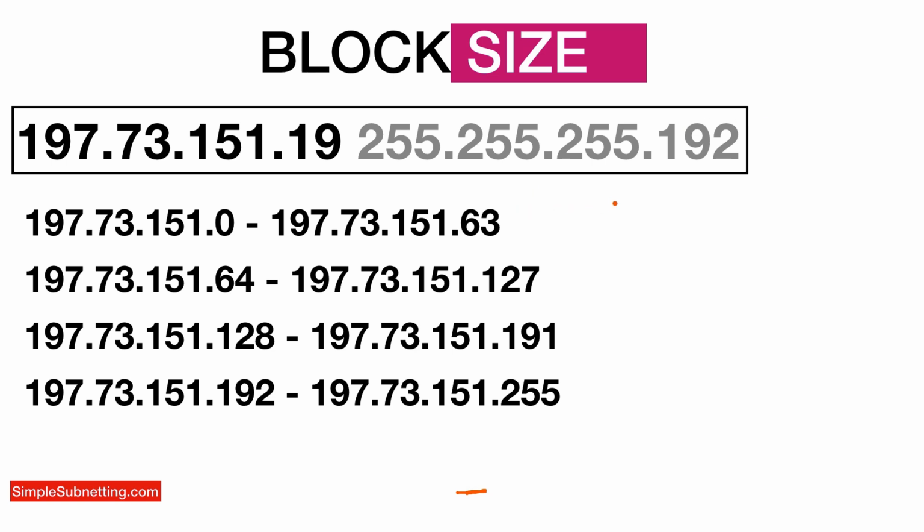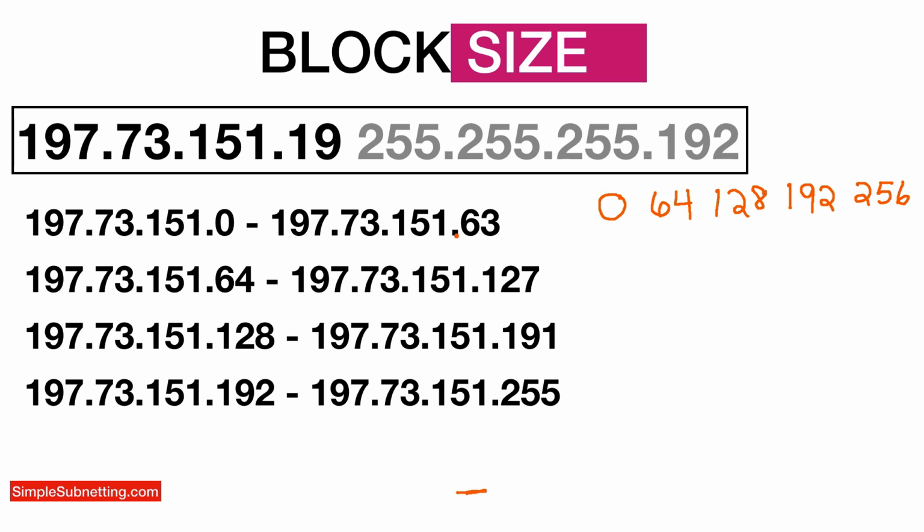So what you would do is write 0 plus 64 is 64, plus 64 is 128, plus 64 is 192, plus 64 is 256. If you look here, 0, 64, 128, 192, and the next one would be 256 if we had it, but there's no such thing.